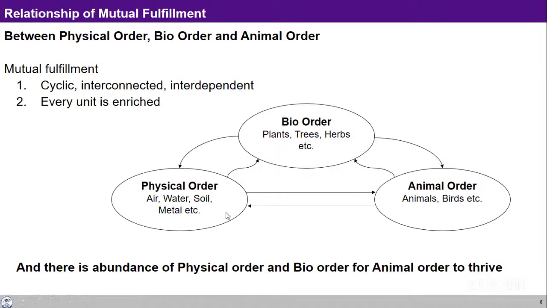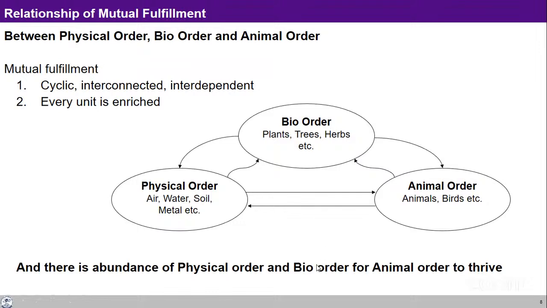Animals need air and water. So both sides are mutually enriching. Animals are getting benefited from the physical order, and the physical order is also getting benefit from the animal order. So we can see that mutual enrichment between these orders.